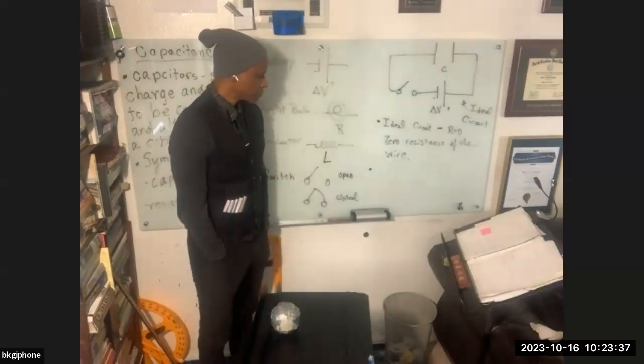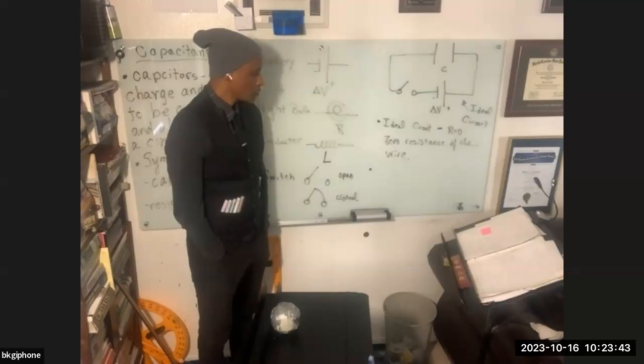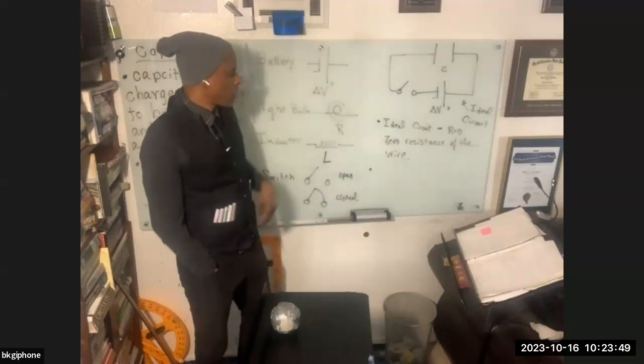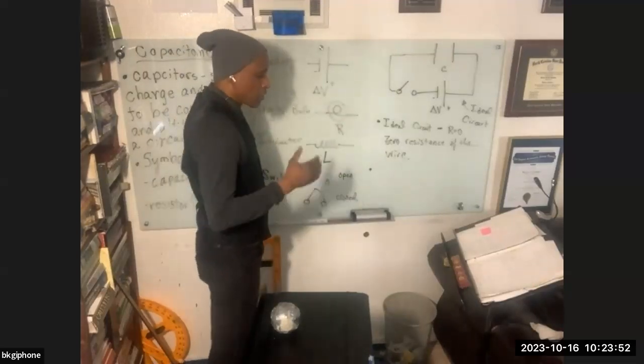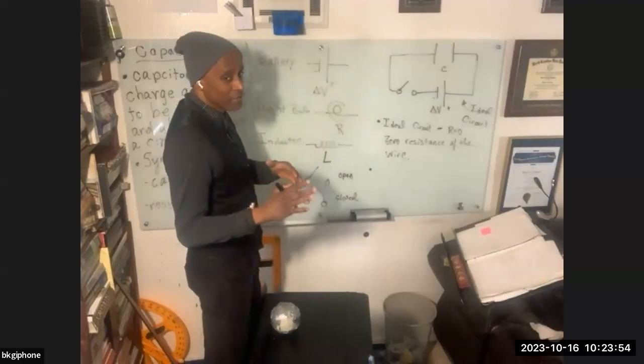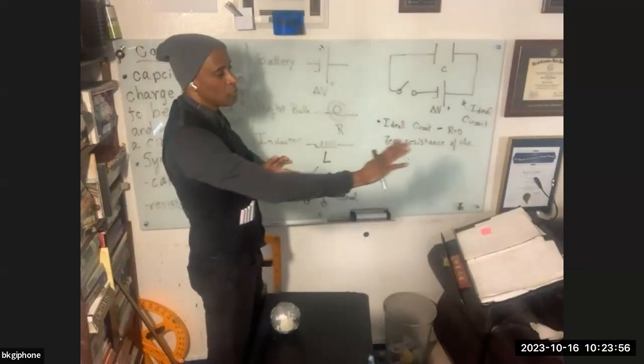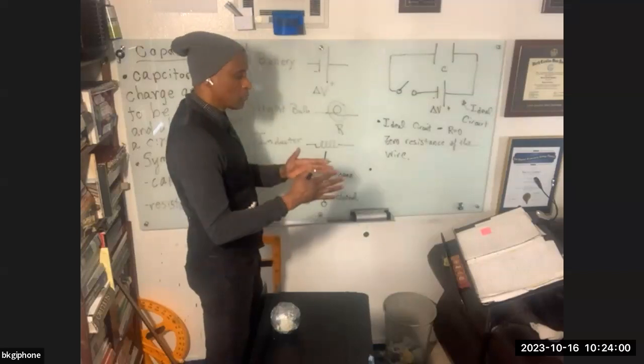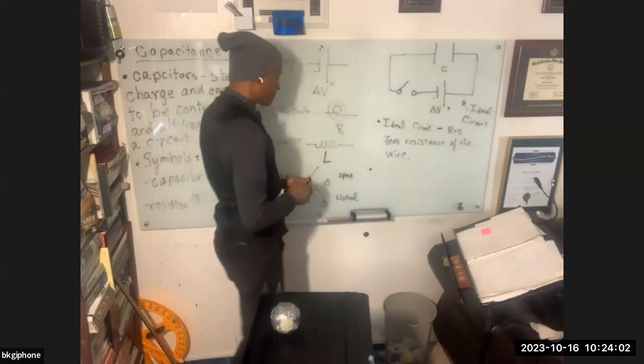So the charge, then we say that negative charge electrons are the only thing that actually translate, meaning collectively move within a conductor.